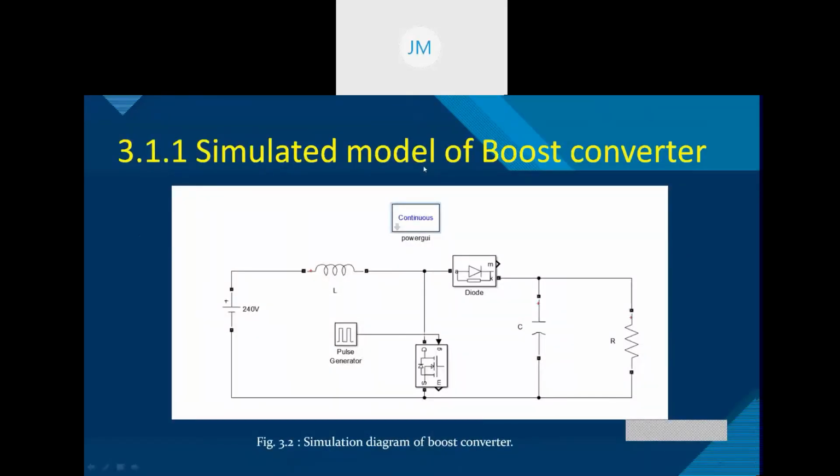What is the switching frequency of your control switch, sir? Yes, sir. The switching frequency is around 4 into 10⁻⁵ seconds. Actually, the frequency is 25 kilohertz. So the inverse of that is the switching period, that is around 0.04 millisecond.